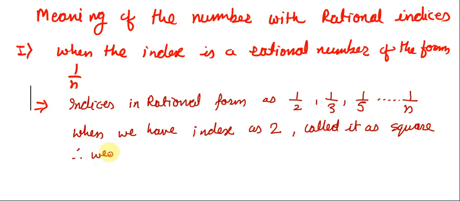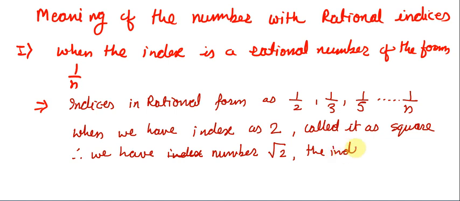Therefore when we have the square root of a number, the index is 1 by 2.